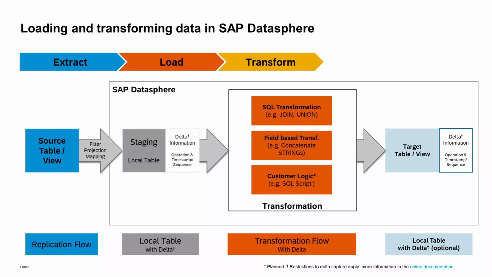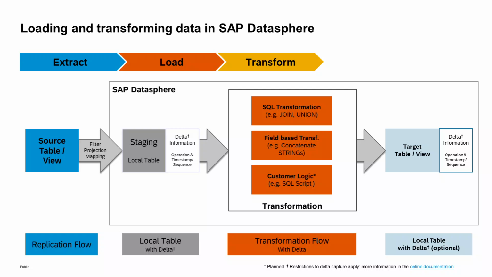And combining this extract, load, and transform with the Delta staging tables, which we see here in the middle, we're gaining a lot more capabilities when it comes to Delta processing and, for example, creating historic truth information by deriving certain parameters or key figures which belong to dimensions of a table. But let's go step by step.